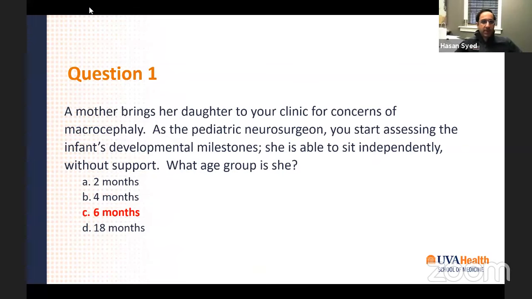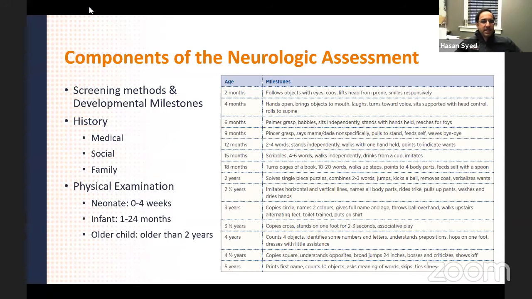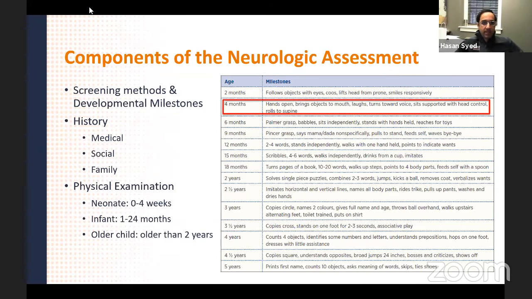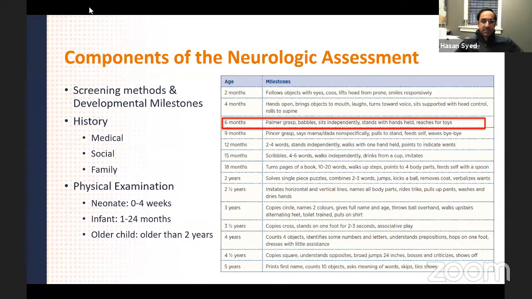So let's talk a little bit more about the neurological assessment. Developmental milestones are key, and I just want to pinpoint a couple key ones. At 4 months of age, a child usually is able to turn towards a voice, sit supported with head control, and roll to supine. At 6 months, as we talked about, a child should be able to sit independently.